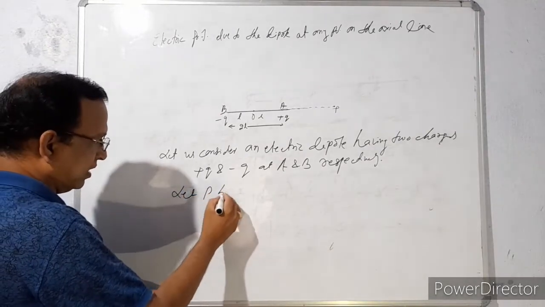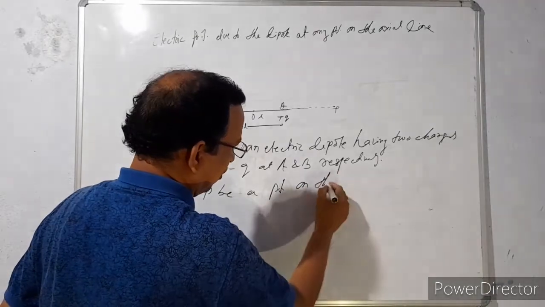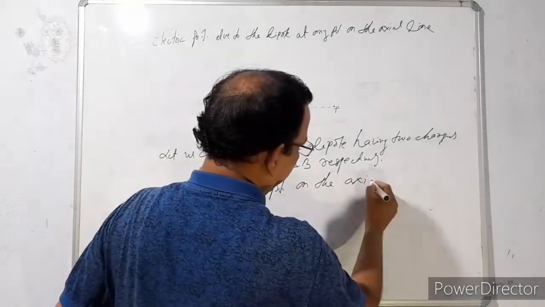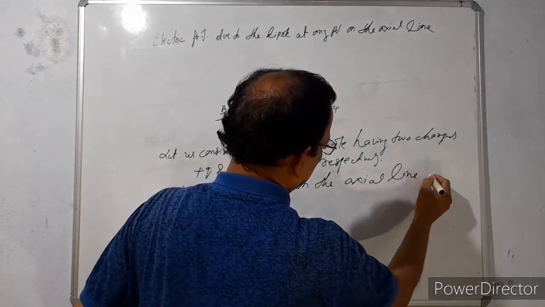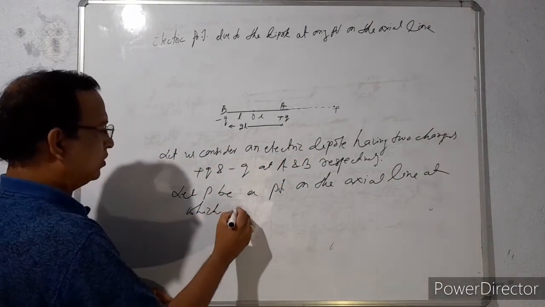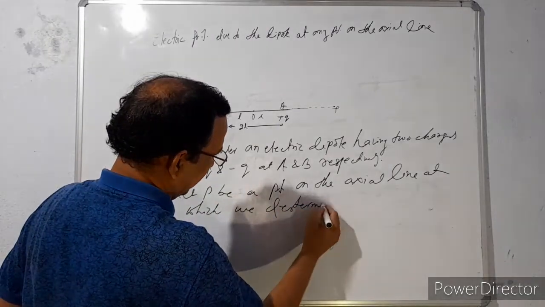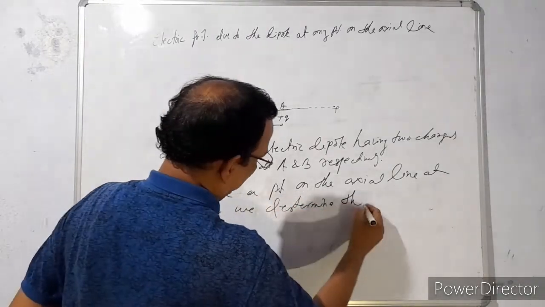Let P be a point on the axial line at which we determine the potential.